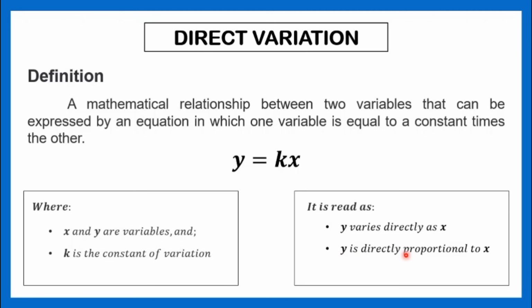Y is directly proportional to x. Ayan. So, ito lang din yan. Tapos, lastly, pwede rin siyang y is proportional to x. So, itong tatlo, when you encounter that, ito ang magiging translation niya into an equation. It is direct variation. Y varies directly as x, y is directly proportional to x, and y is proportional to x. So, ayan.